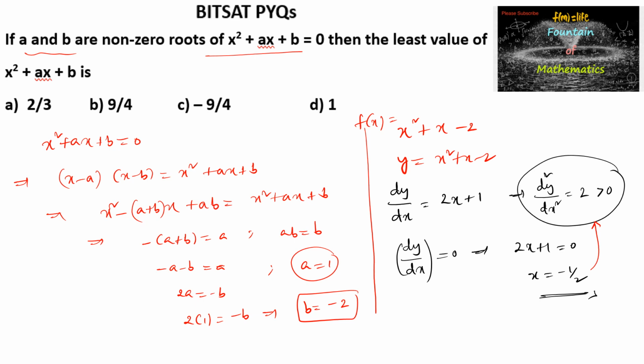So therefore f of minus half is equal to minus 1 by 2 whole square plus minus 1 by 2 minus 2, which is 1 upon 4 minus half minus 2. Upon simplifying, 4 is the LCM, 1 minus 2 minus 8, which is minus 9 upon 4. So minus 9 by 4 is the minimum value, which is option C. So option C is the answer.